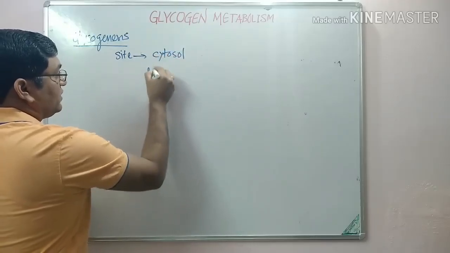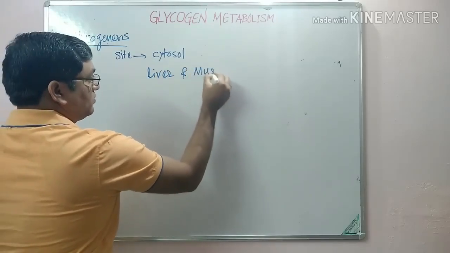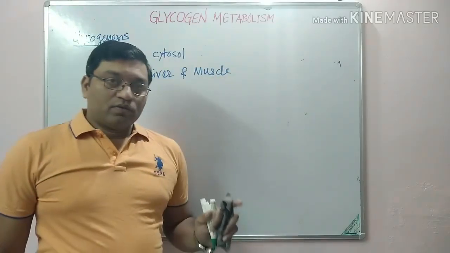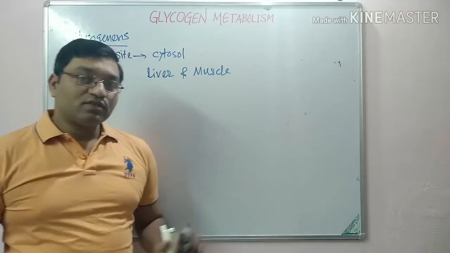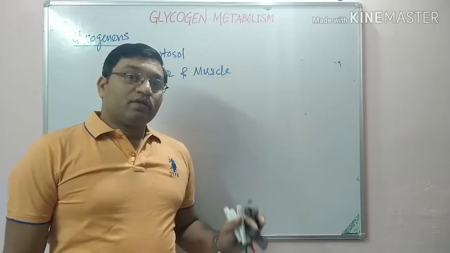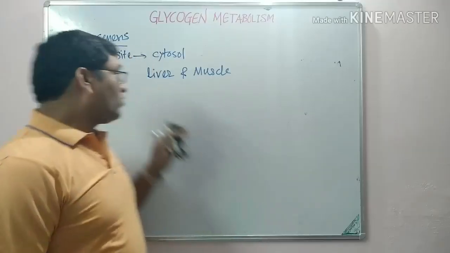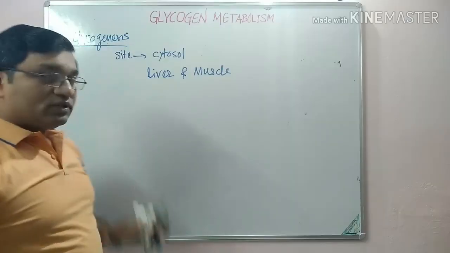It is mainly in the liver and muscle. For the synthesis of glycogen, the glucose should be available. So in the well-fed state, there is synthesis of glycogen from glucose, that is known as glycogenesis.